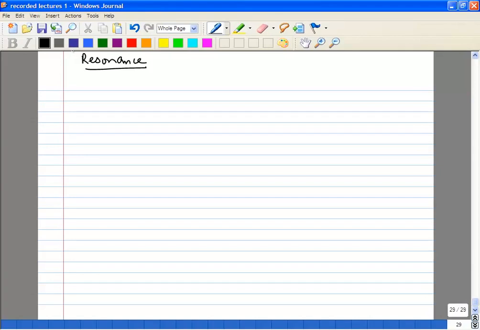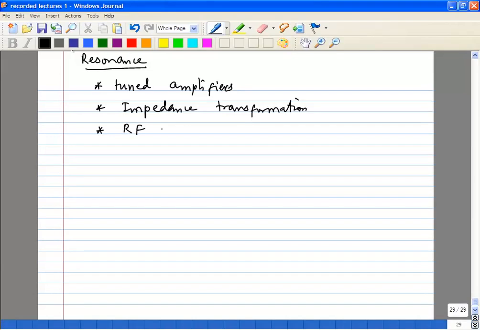Most RF circuits, for example, have tuned amplifiers which are band pass. You need impedance transformations, that we'll be seeing very soon over the next few classes. And a little bit later in the course, we'll be looking at RF oscillators. So they employ resonance.